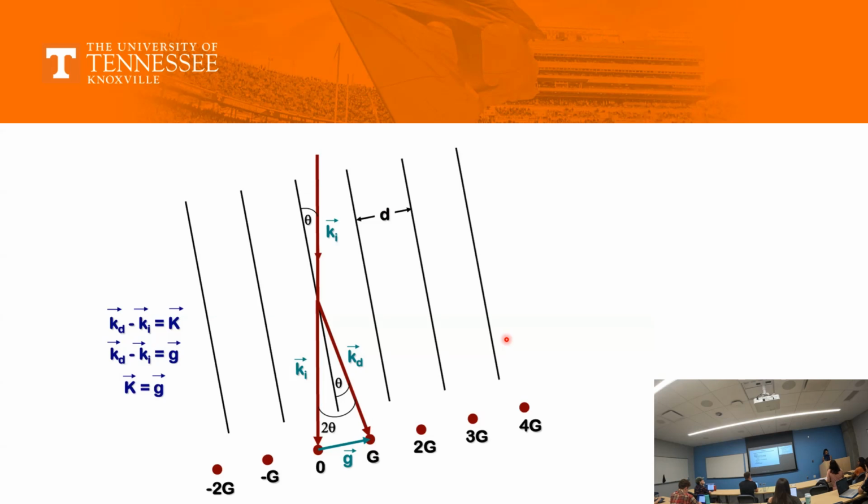I'm not saying tomorrow you would be publishing a paper in Nature. My expectation is that you talk in technical terms. It's exactly the same thing: the K has become G here, and this is the distance between planes.